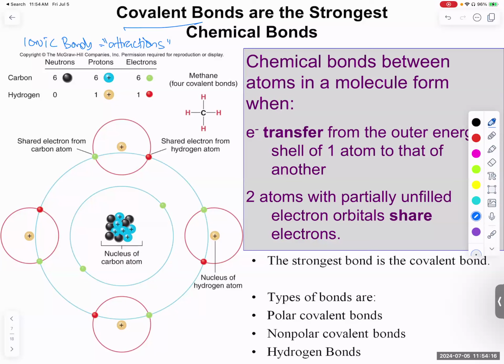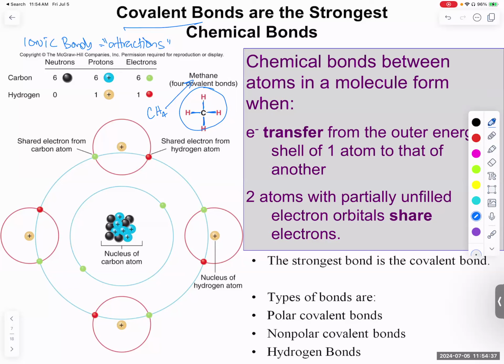You're covalently bonded. So this is showing you methane. It's a carbon that actually forms equal sharing of electrons, which is a covalent bond, with hydrogen. So it's 4, so it would be CH4. So that's methane right there.